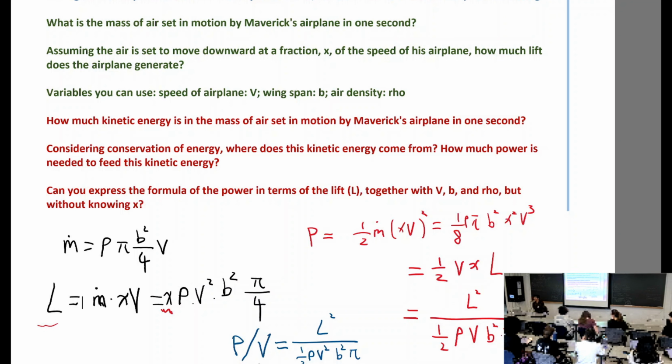Come on, physics 1, right? When you're pushing an object with the speed v, with the force F, how much power are you giving the object? It's force times velocity, right? So the power divided by velocity is force, the thrust, right?